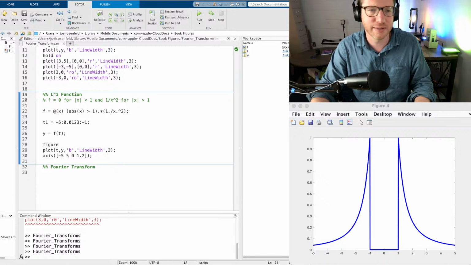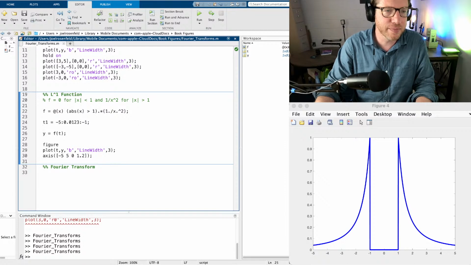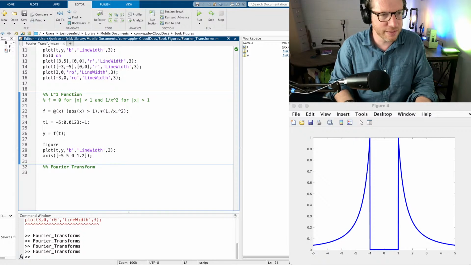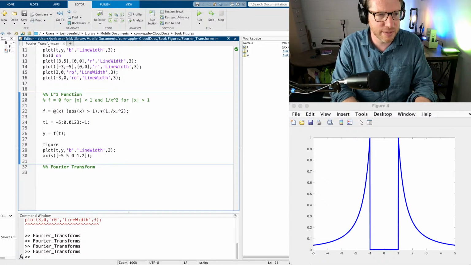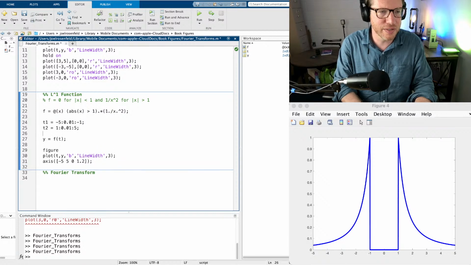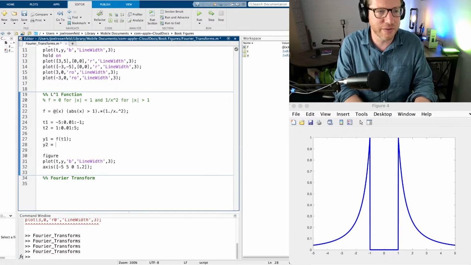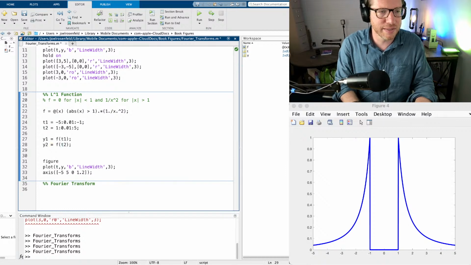There we go. And then let's see, I can take t2 to go from 0.01 to 5. And we don't need this ridiculousness. And so then we're going to have y1 is this, y2 is equal to f of t2.